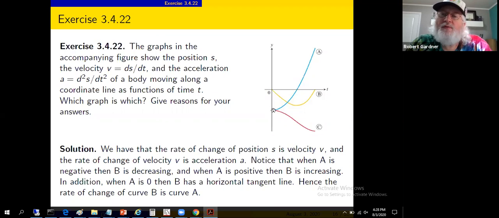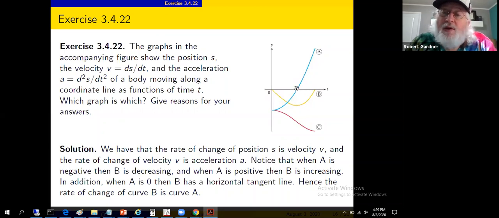A, the blue curve, is below the axis between time equals 0 and whatever time we have here. And for those time values, the B function is decreasing. I want to talk about rates of change, because that's what derivatives are. We've got negative blue curve and decreasing yellow curve. Starting here, going to this final time over here, we've got this one positive, and now B is increasing.